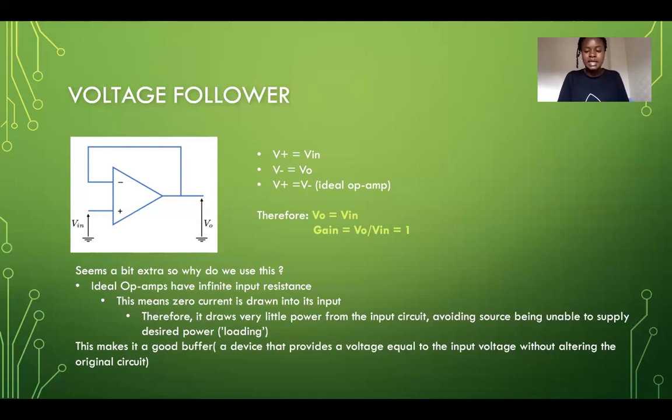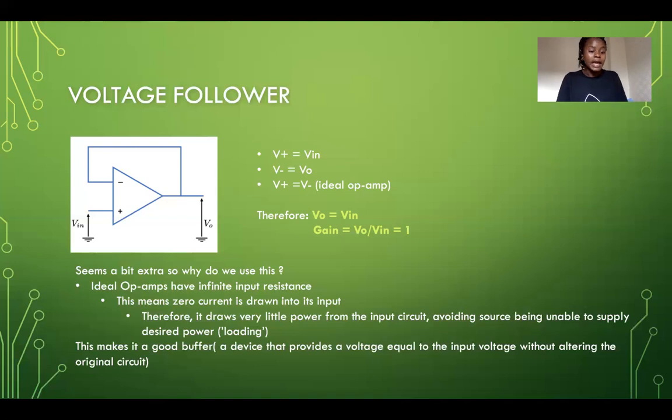Loading just means an input circuit being unable to supply the desired power. So I'll just repeat that again. The reason why we need this is because ideal op-amps have infinite input resistance, which means that there's zero current being drawn into the input, which means very little power is used, which is really good because it avoids loading.